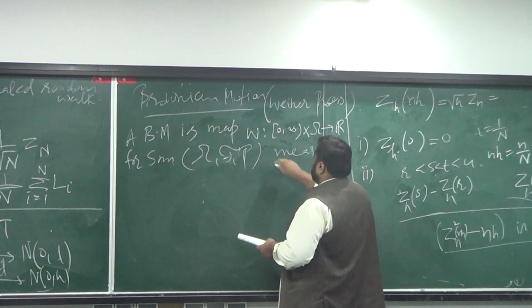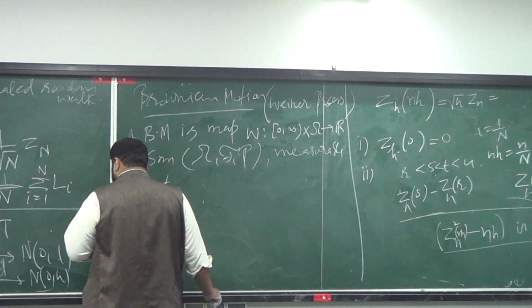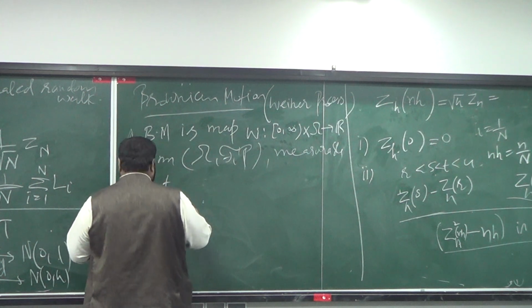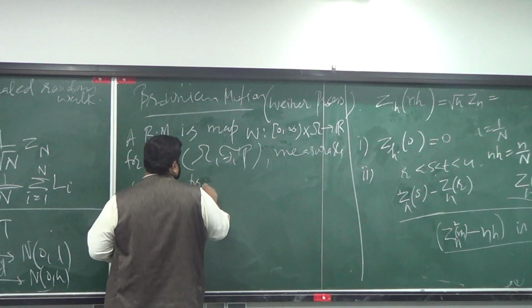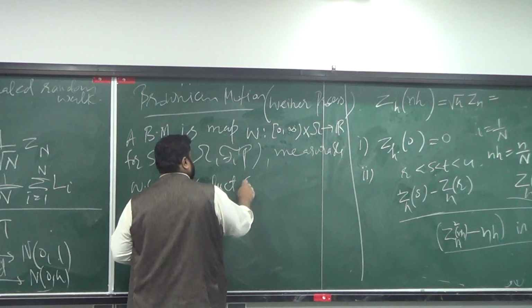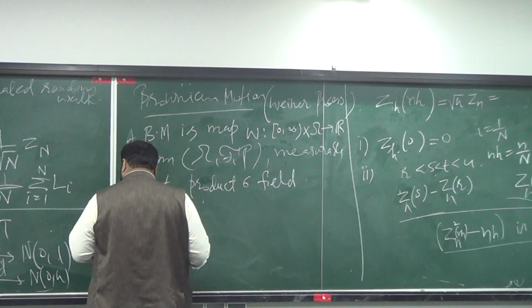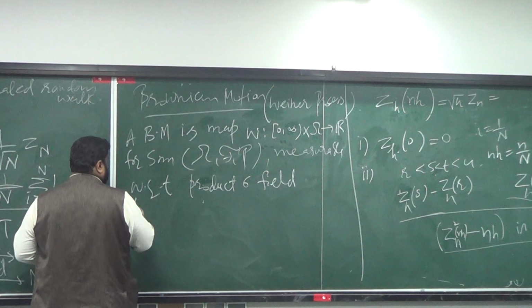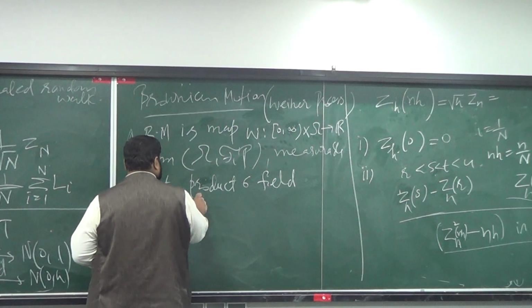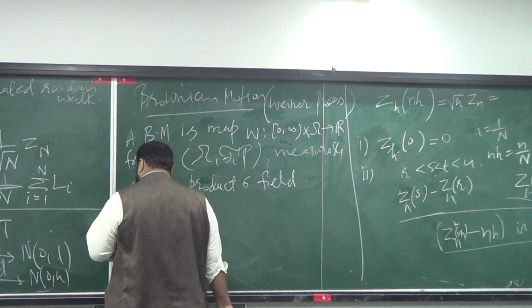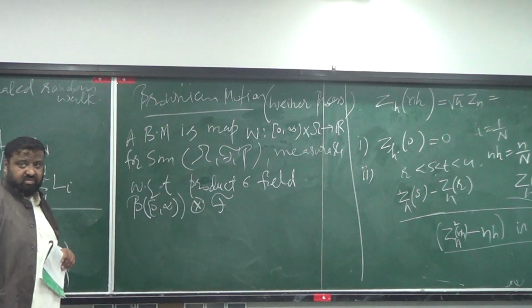So it's a map that is measurable with respect to the product sigma field. And which is that product sigma field? It's the Borel sigma algebra tensor F.